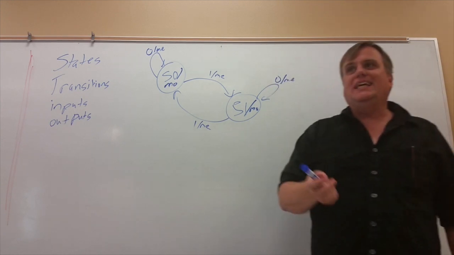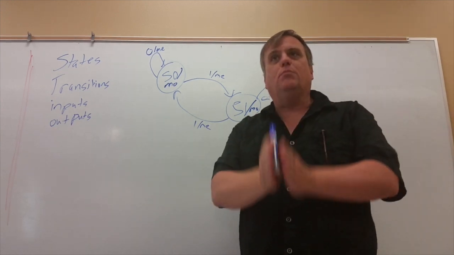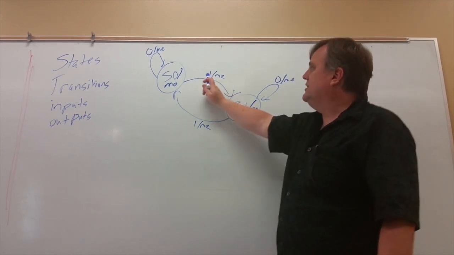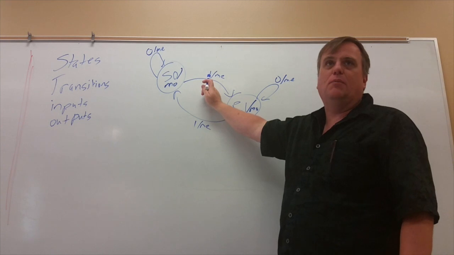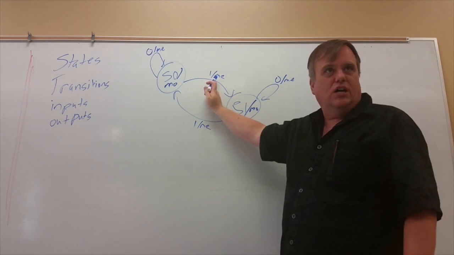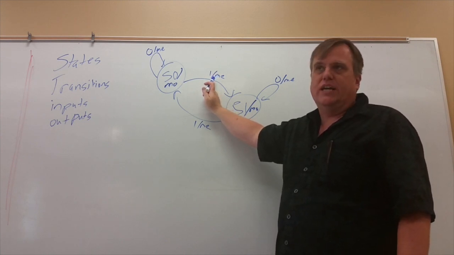So the question is, do you need your outputs to be synced to a clock? Technically, since this input does not have to come at the clock edge, the output changes the second the input does. So therefore, it's going to change asynchronously.